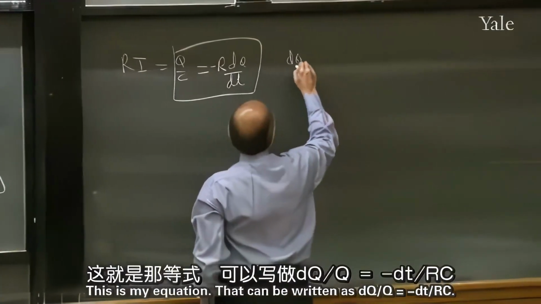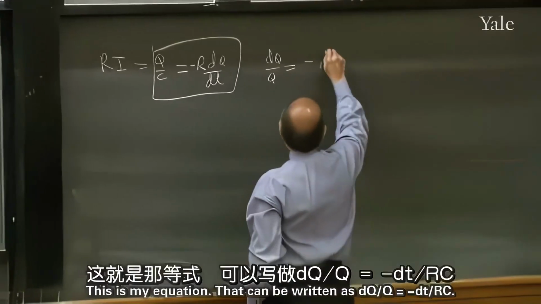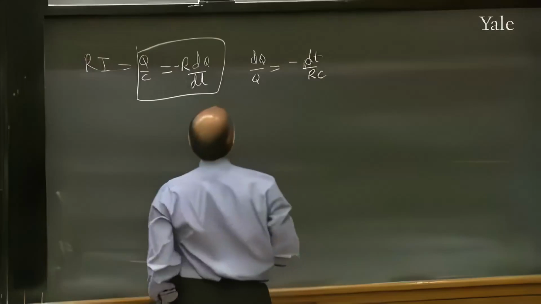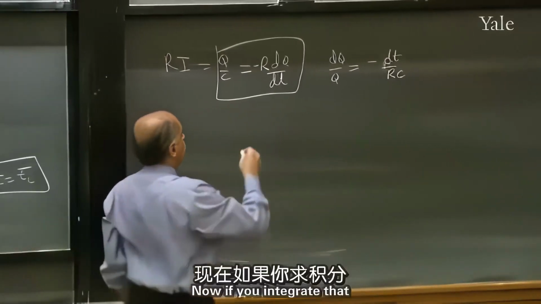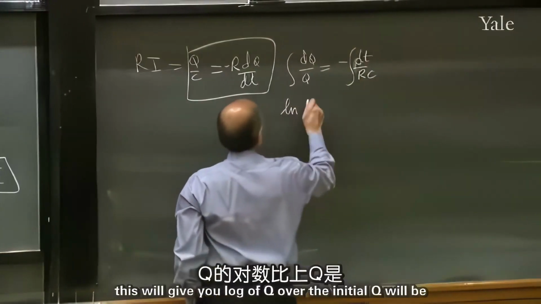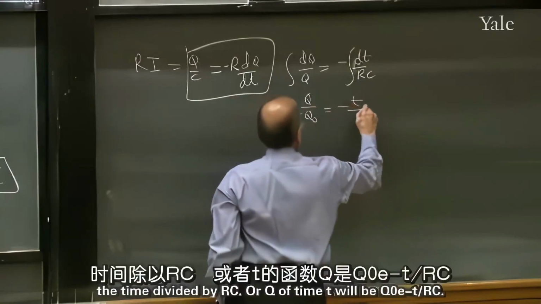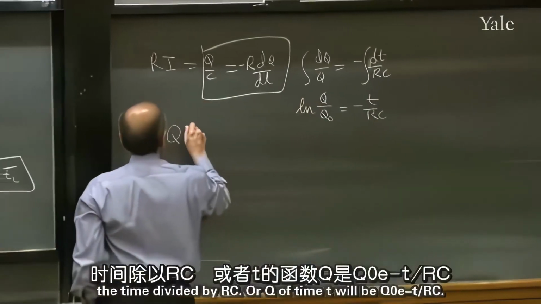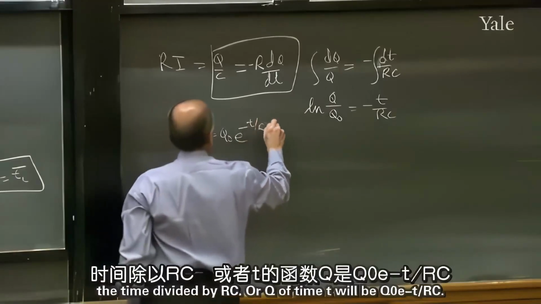That can be written as dq over q is equal to minus dt over RC. Now, if you integrate that from starting to finish, this will give you log of q over the initial q is minus the time divided by RC, or q of time t will be q0 e to the minus t over RC.